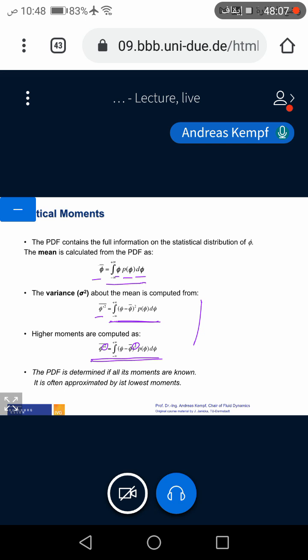Now, if we look at a PDF, again, let me sketch a PDF. So this is P of phi. This here is phi, it has the units of phi, and this has the units of 1 over phi. Let's assume we have such a PDF here. Then it's clear that the PDF itself is a continuous function.